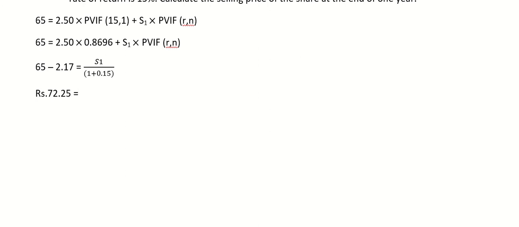So this should be your selling price at the end of 1 year. If you buy the share today at rupees 65 and your required rate of return is 15%, and you get the dividend of 2.50, then you should sell it at rupees 72.25. Then only you will earn a return of 15%.